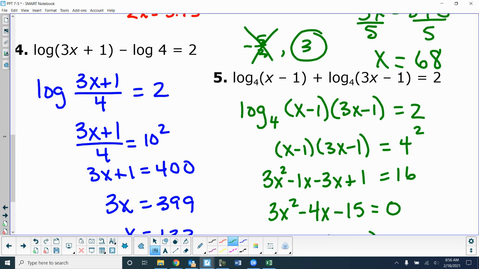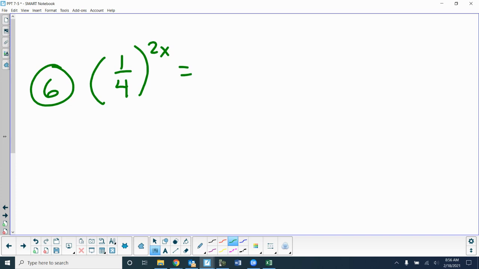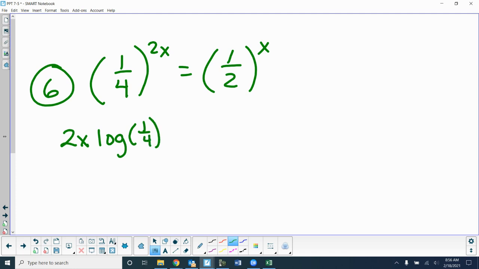You guys let fractions freak you out or something, I don't know. Okay? So 1/4 to the 2x and 1/2 to the x. Okay? So if I go 2x log of 1/4, I took the log of both sides, moved the exponents out front, and this would be x log of 1/2. You with me?